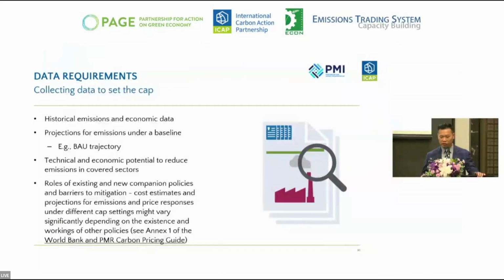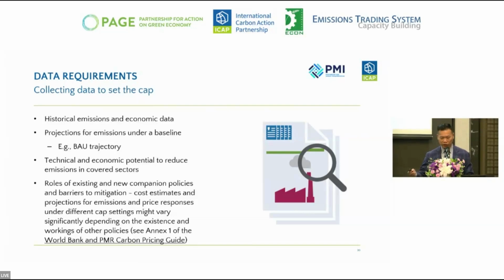To set the cap, there are several data needed. Of course, the first one is historical emissions and economic data. At least 3-4 years of historical emission data, production data, and economic data are needed.